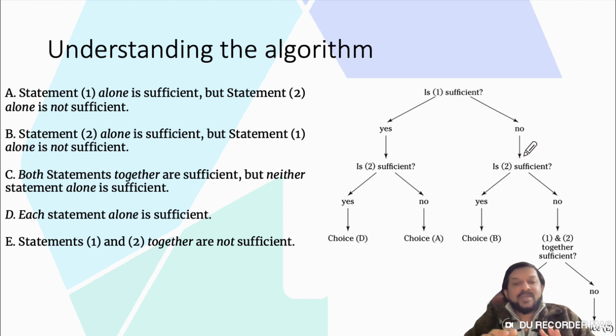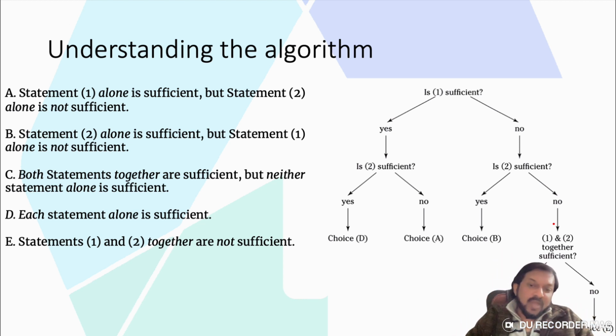And that is where we can say that the choice will be option B. That means statement 2 alone is sufficient to answer the question, but statement 1 alone is not. Now the unique thing happens when 1 alone is not sufficient as well as 2 alone is not sufficient to answer the question. That is the only time we actually combine the two statements or see these two statements together.